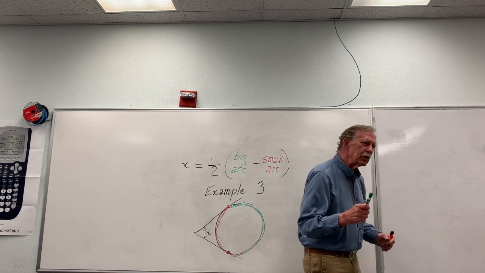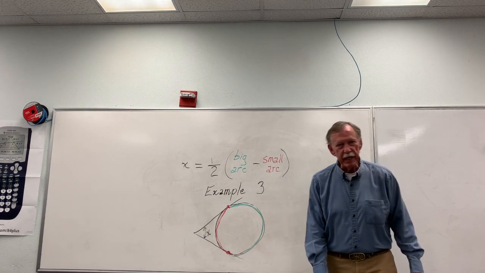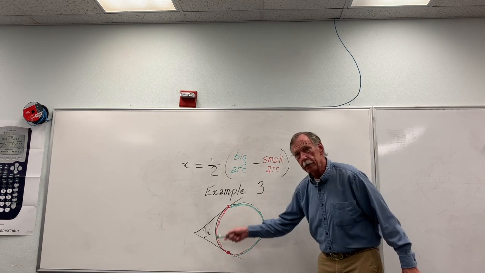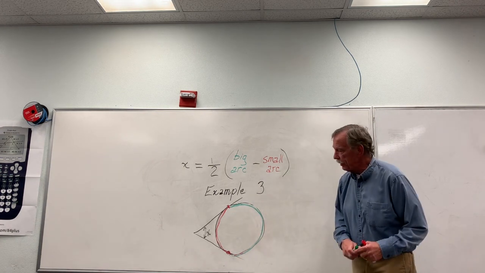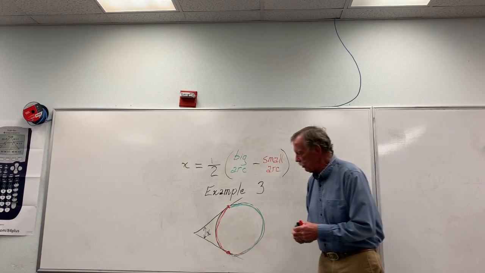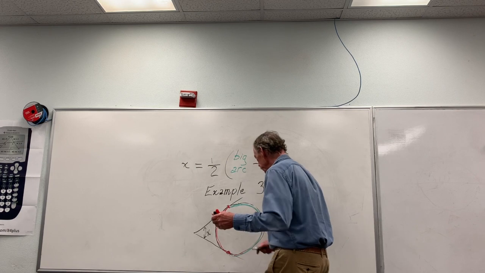Now you need to be just a little bit cautious to be sure that the big arc, the green piece, and small arc, the red piece, add to 360 because that's the whole circle. So let's put in some numbers here.